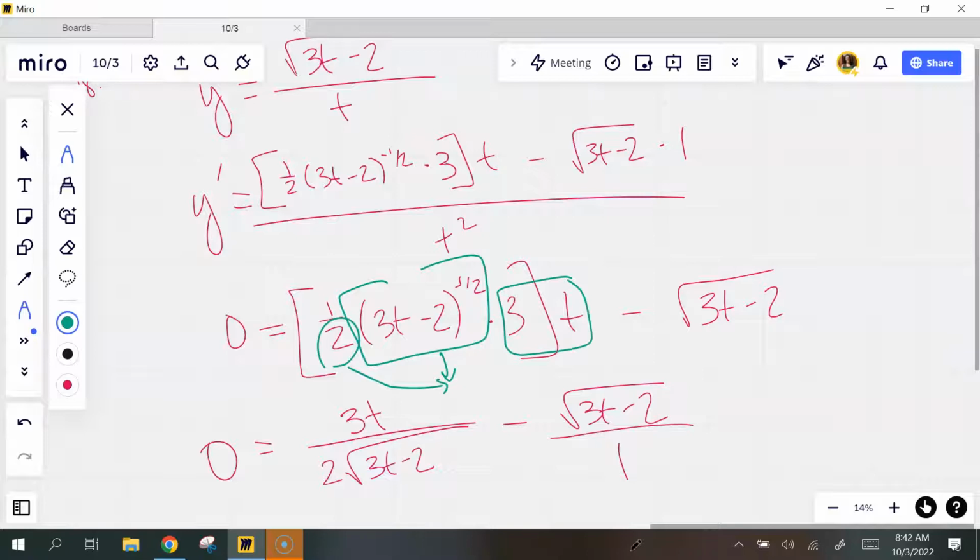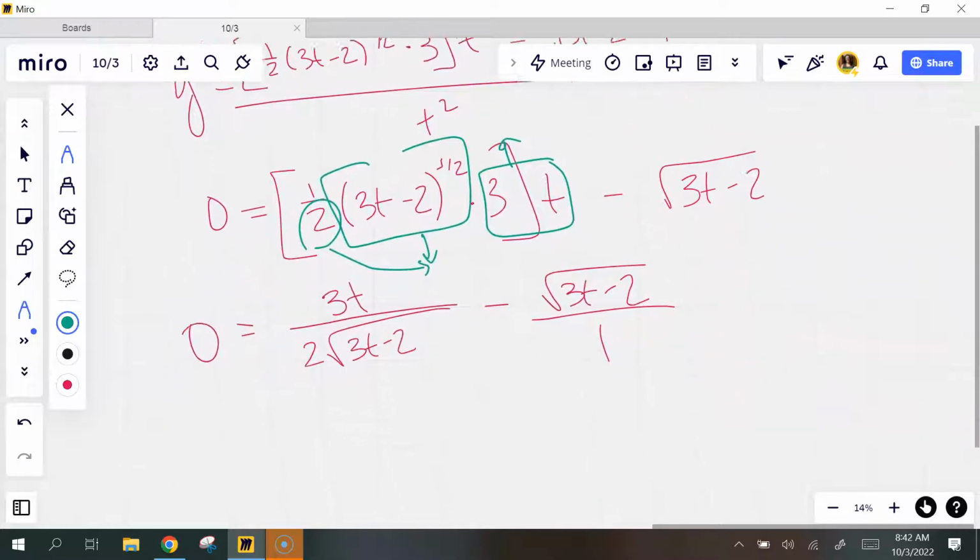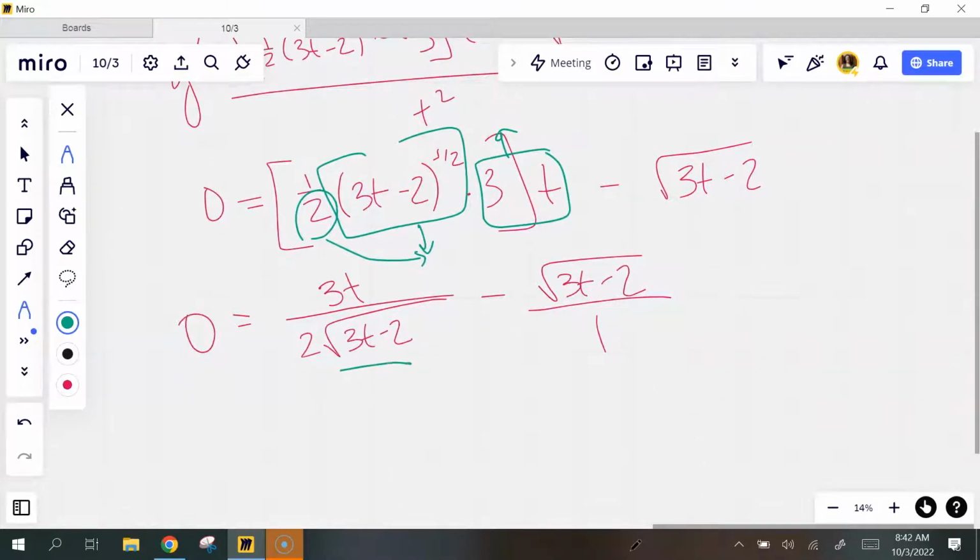And then the 3t stayed up top. So I'm going to give this second fraction this denominator. Now everybody's got the same denominator, right? And the square roots are going to cancel, so it's going to be 2 times 3t minus 2.